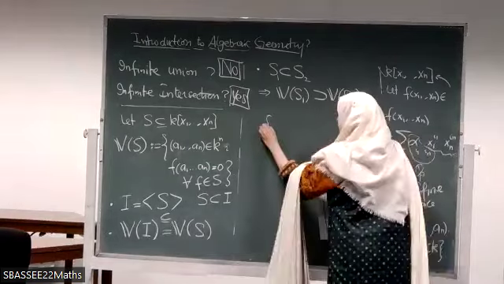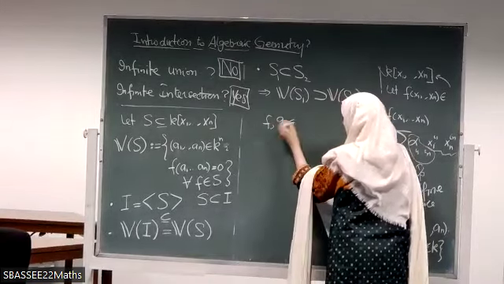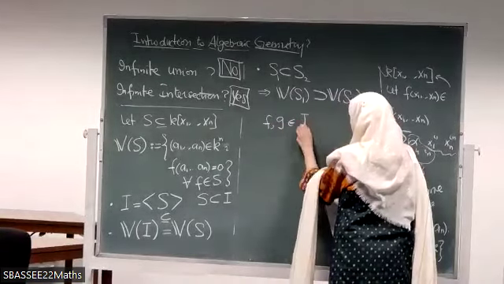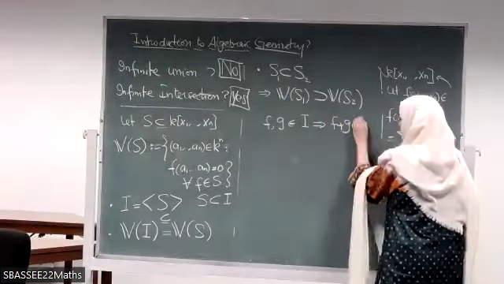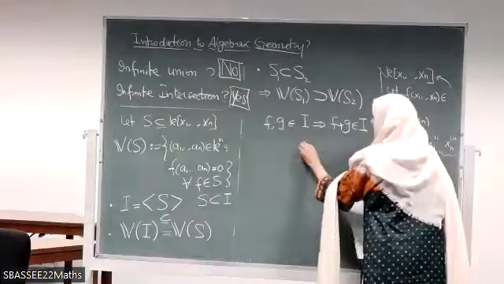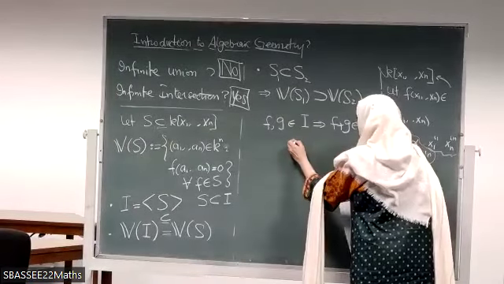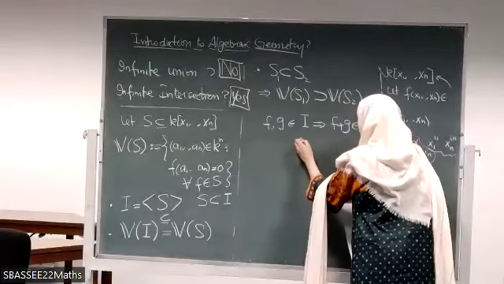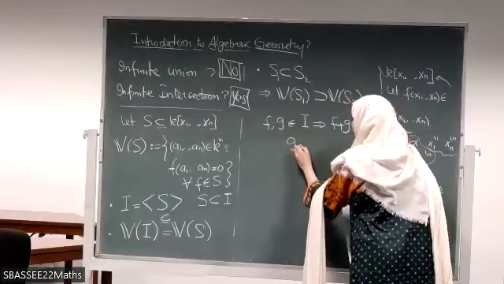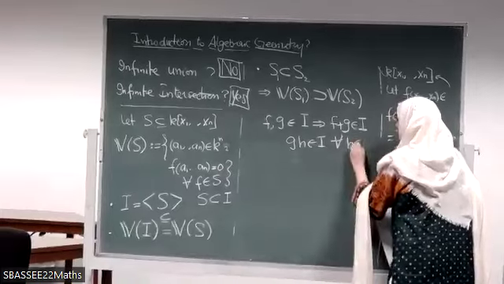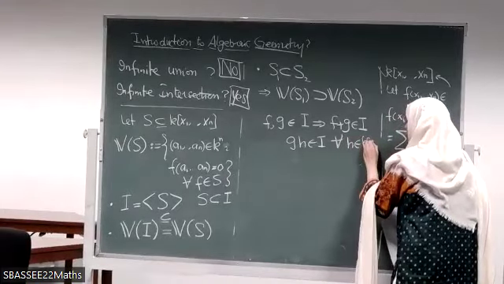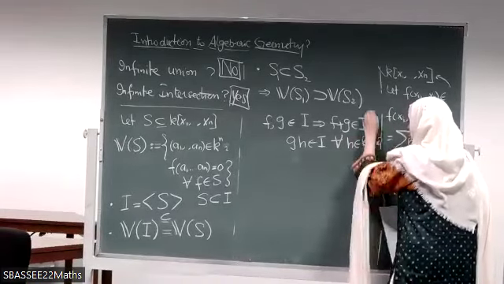So, for example, if f of x is in I, then definitely g times f is in I, and for any other arbitrary g and h in I, and for all h belonging to the polynomial ring. That is the definition of an ideal, right?